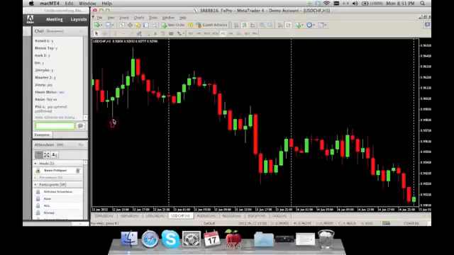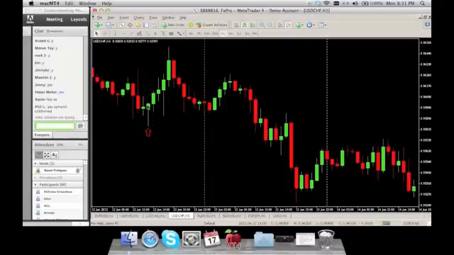What kind of pattern is this one? Good, very good. Exhaustion, hammer, pin bar, yes, good. Now, what about this one?